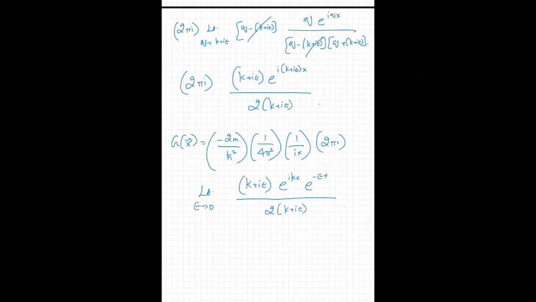Of course, the epsilon going to 0 limit of this function exists. So this is nothing but k e to the ikx over 2k, which is basically e to the ikx.